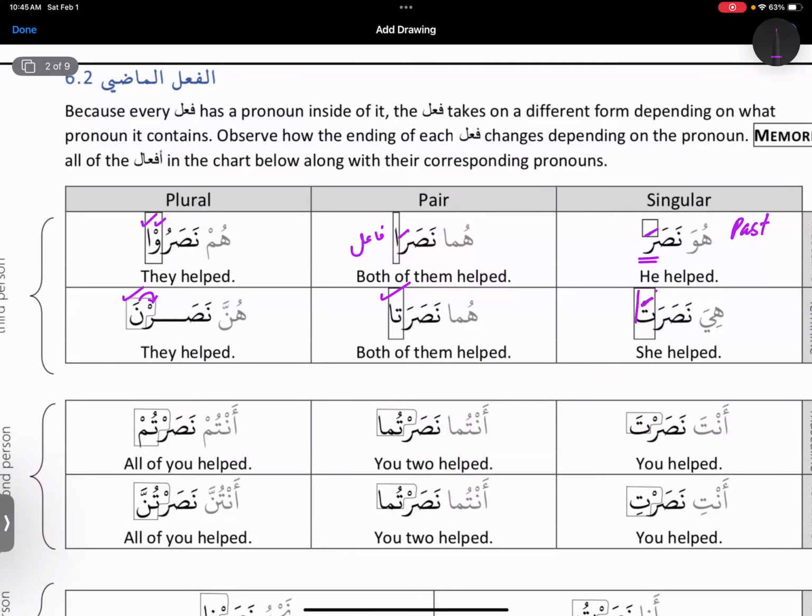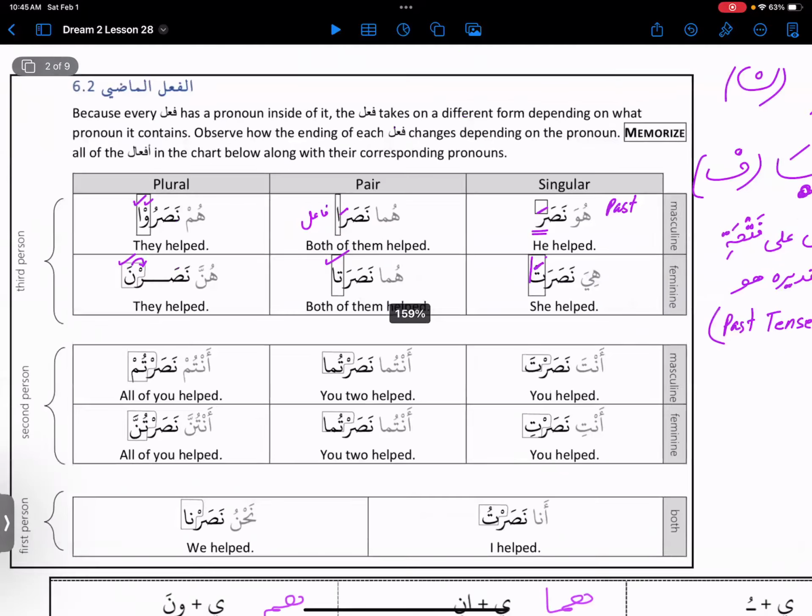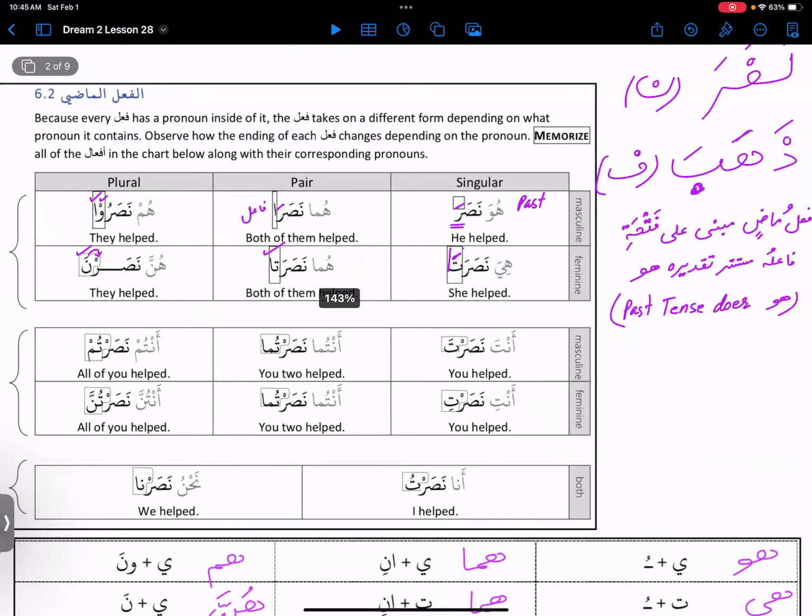You can do any verb in the world, and you will not be confused because you know how to create it. So this is basically like a formula. You need to understand this formula for now, and inshallah that should stay with you the rest of your life. So hunna, nasarna. And then after that, what happened?